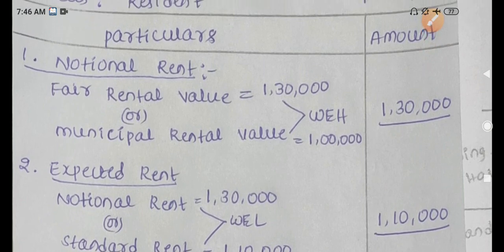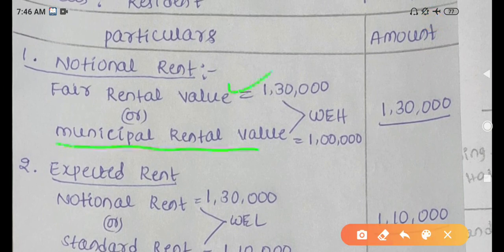In order to get the notional rent, we need to compare these two: fair rental value and municipal rental value, FRV, MRV. Fair rental value is given 1,30,000 in the question. Municipal rental value 1 lakh rupees is given. So whichever is higher in these two, 1,30,000 is the higher amount. So that is considered here, 1,30,000.